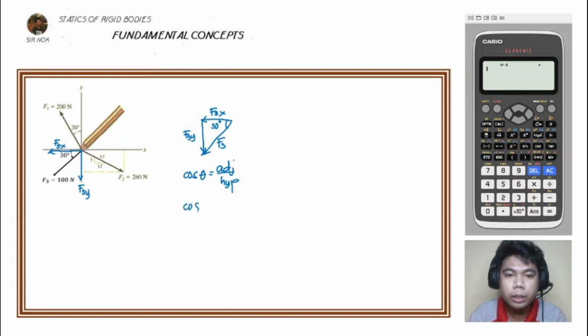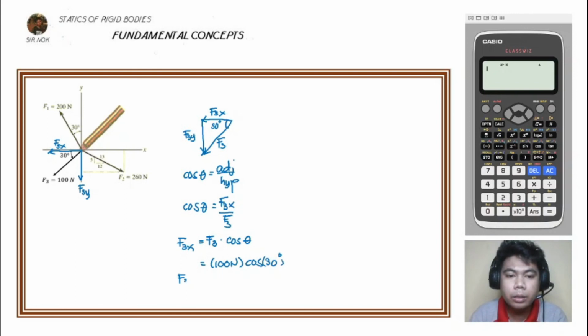Cosine theta is equal to F3x over F3. So cross multiply, F3x equal to F3 times cosine theta. So F3, that is 100 newtons times cosine 30 degrees.